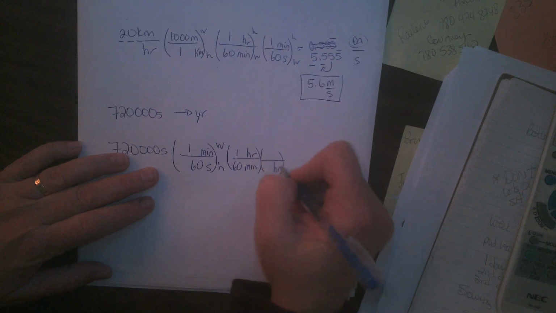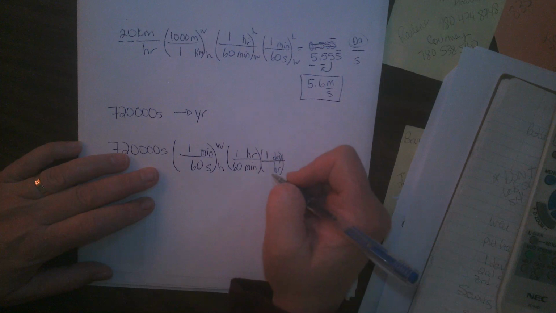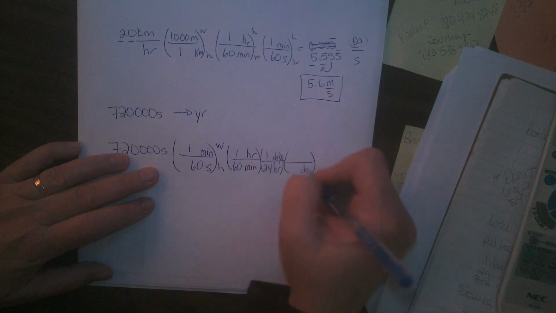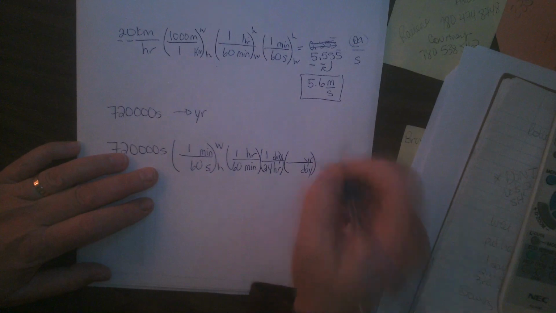And next step is hours. What could I go next? Days. Okay? In 1 day, there's how many hours? 24. What's my next step? I got days. Where can I go? I can go straight to years. Okay? In 1 year, there's how many days?